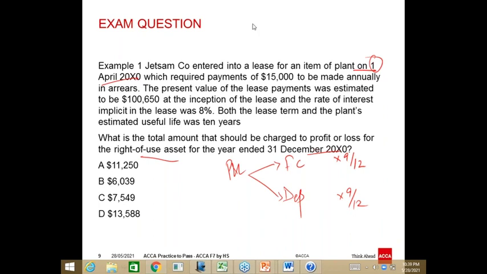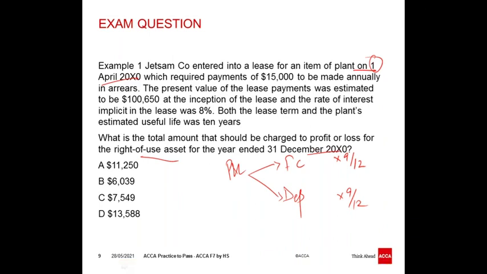Is it B or D? I think it should be D. Very good.